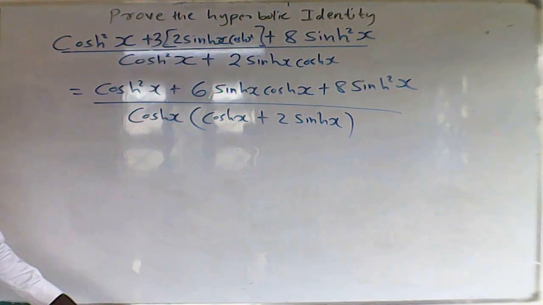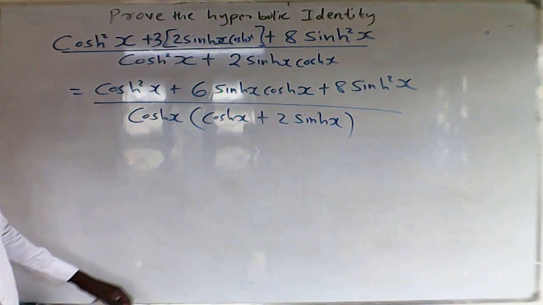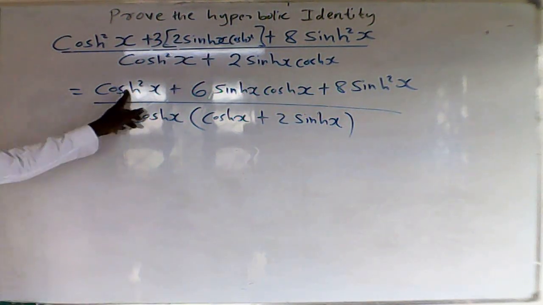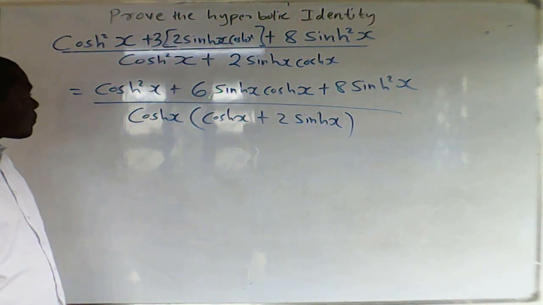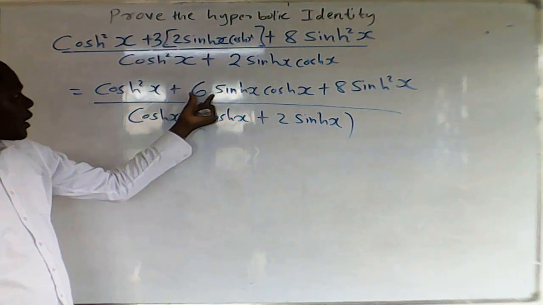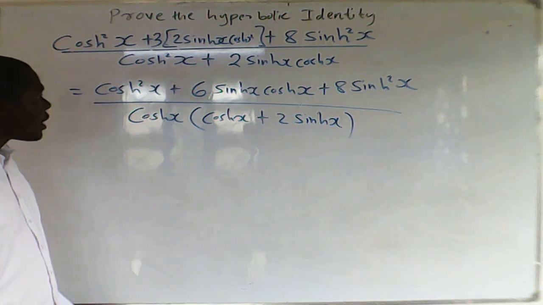So if you investigate, you can check if you can get this factor, cos x plus 2 sinh x, from the numerator, because this looks like a quadratic identity. Take the 6 and 8, the sum and the product.